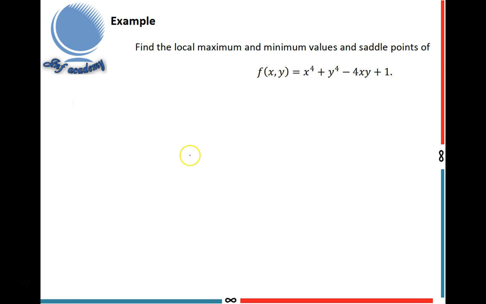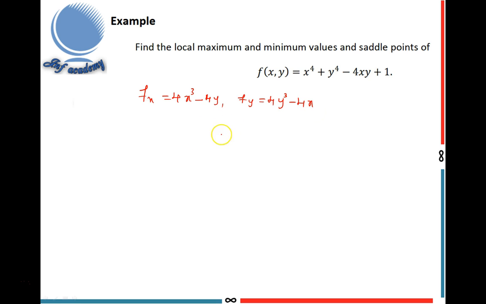Next, I will give an example of the second derivative test. Find the local maximum and minimum values and saddle points of the given function. We first locate the critical points. So I first find the first derivative: fx = 4x³ − 4y. Fy, the first derivative with respect to y, is 4y³ − 4x.